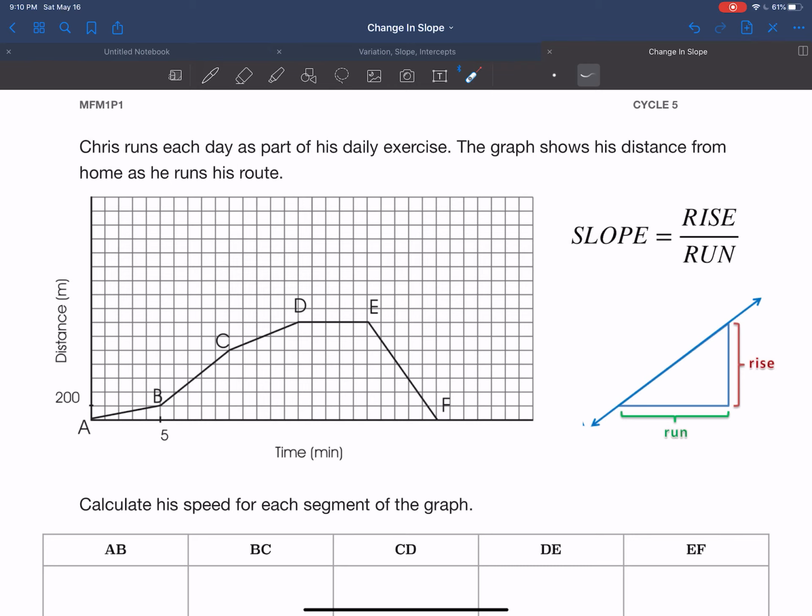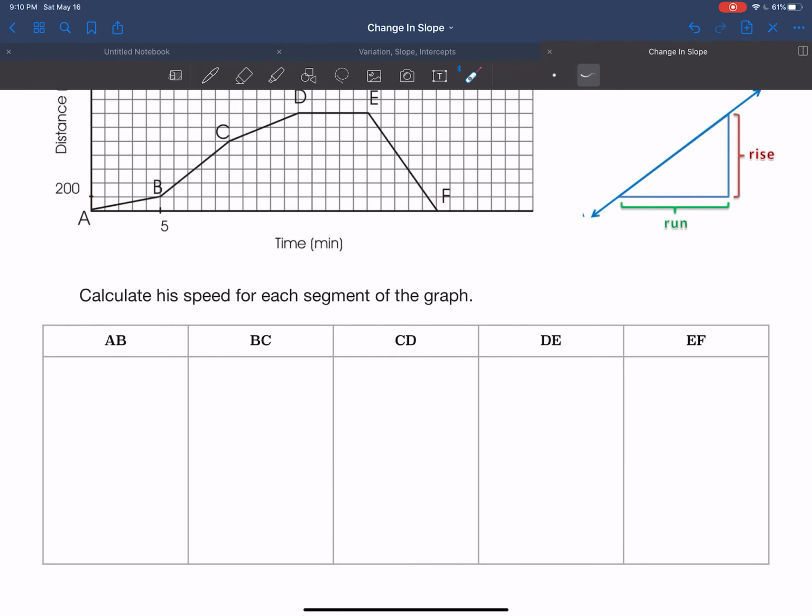So for instance, the slope from A to B. Our run, we go this way, is 5 minutes. So I'm assuming that means it's 200. So our rise would be 200 because we went up 1 box.